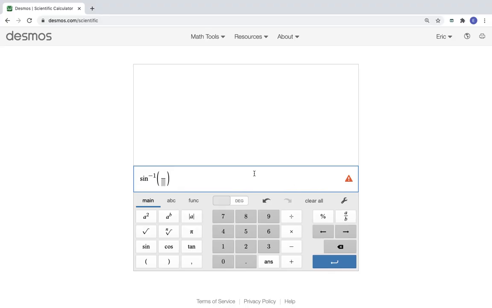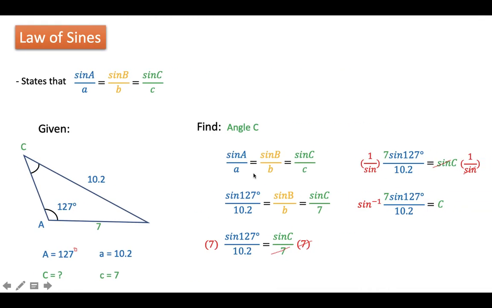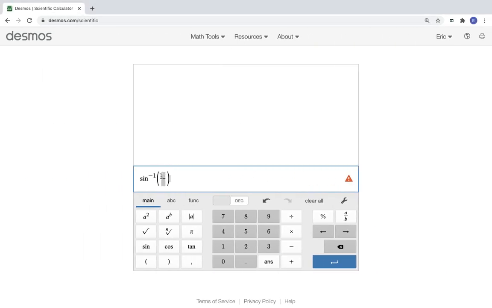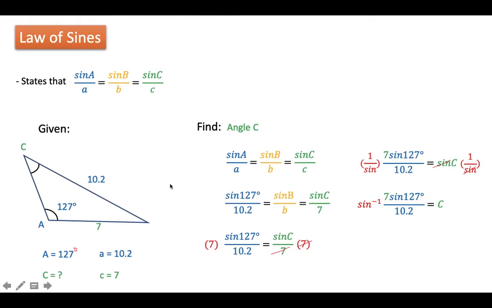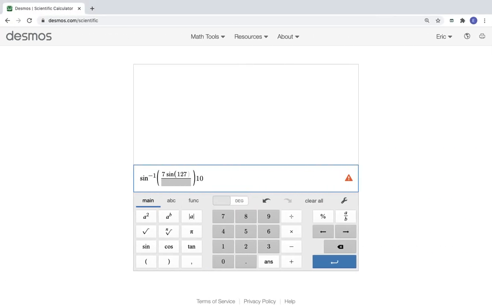Then write 7 times sine 127 degrees over 10.2, and our answer is 33 point.